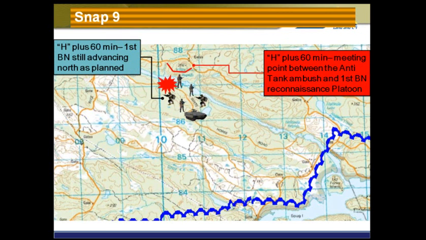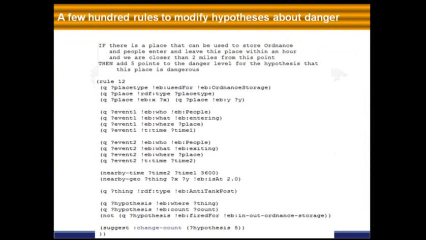I'm not going too deep into this example because this is something I can do later. But the interesting thing is that we built several hundred rules to modify hypotheses about where certain dangers could be. You have all these caves, potential anti-tank posts, and other things that could be very, very dangerous, and you might have a hypothesis about each of them.